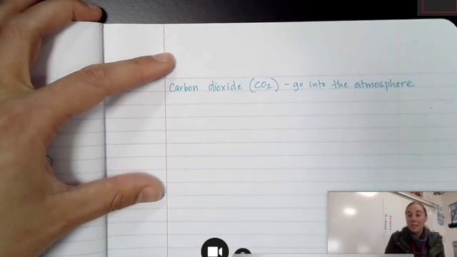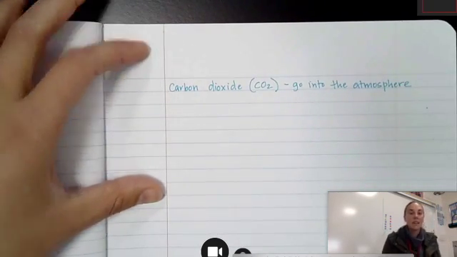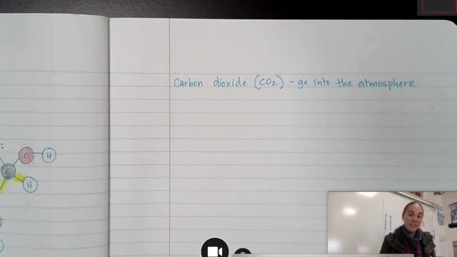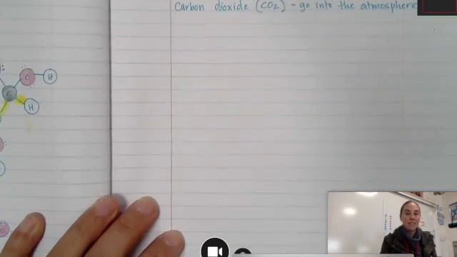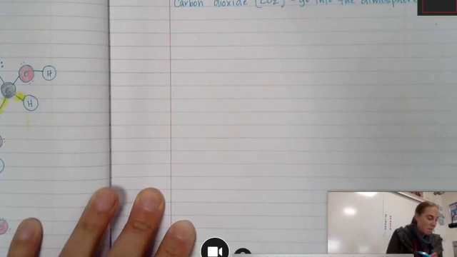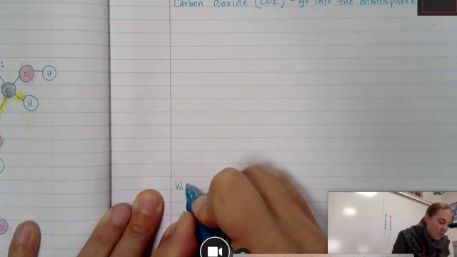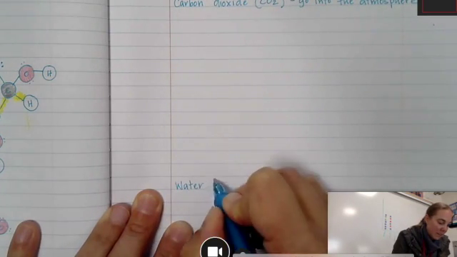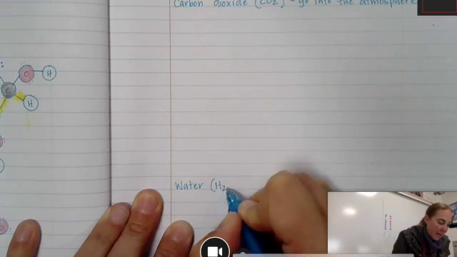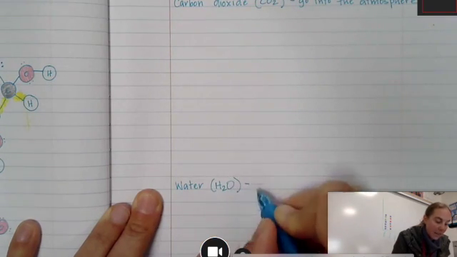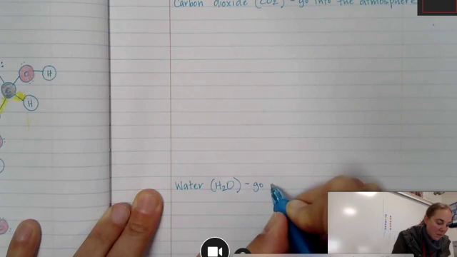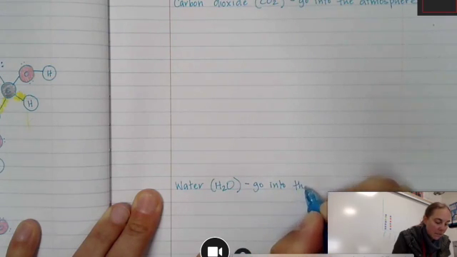So when you breathe out, you're breathing out carbon dioxide, and that's going to go into the atmosphere. The other thing that's going to come out of this reaction is water. And you might be noticing that this is really similar to combustion. And it is. You're totally right. Now the water is also going to go into the atmosphere.